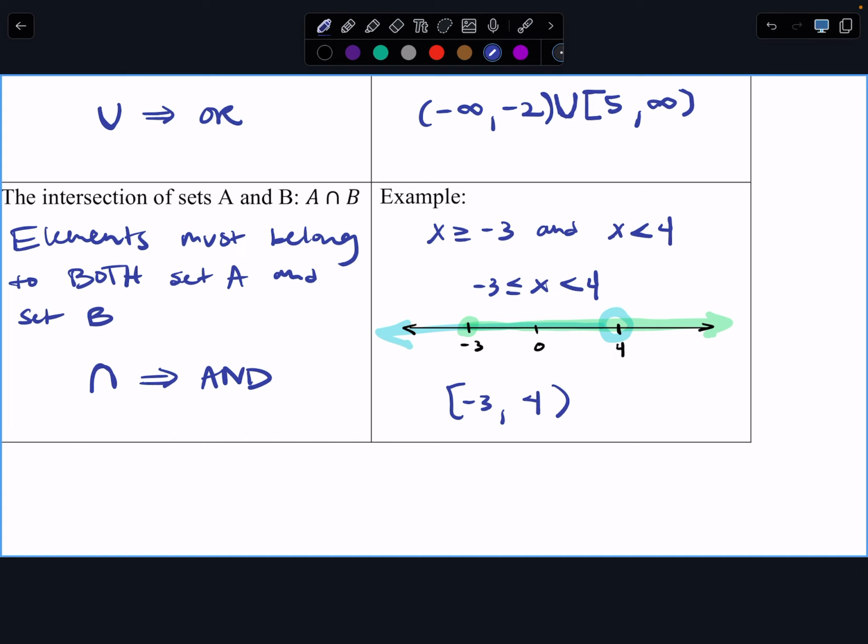Because a value to be part of the solution set would have to satisfy each of these inequalities. Like if you substitute in 7, 7 would satisfy this inequality, right? Because 7 is greater than or equal to -3, but 7 is not less than 4. So 7 would not actually be part of this solution set.